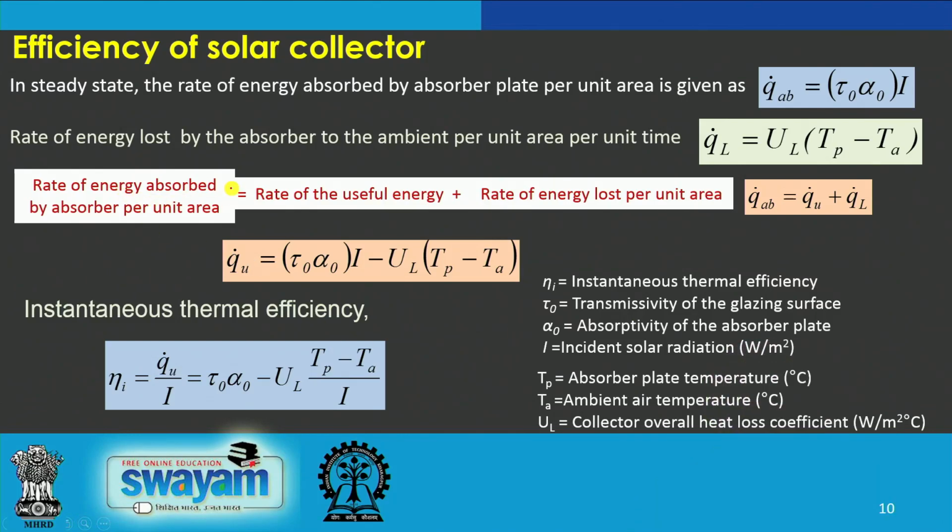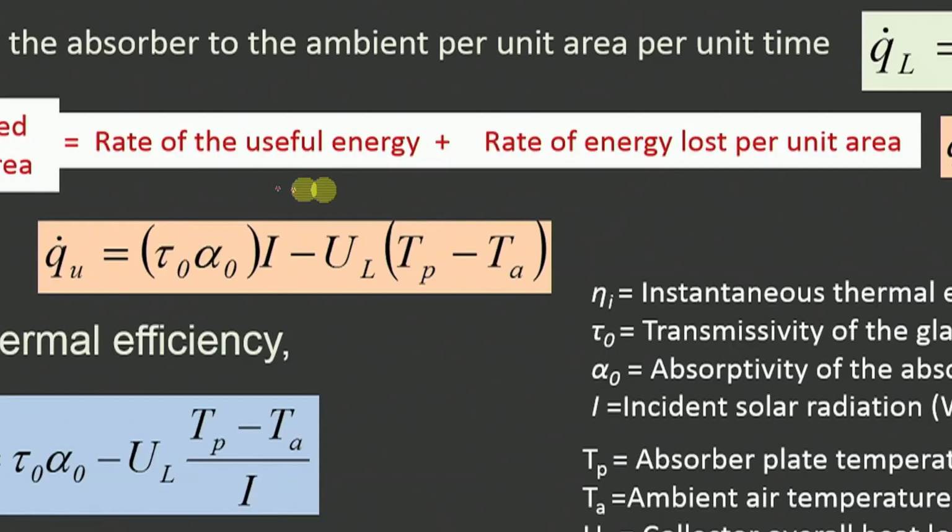The rate of energy absorbed by the absorber per unit area is the rate of useful energy plus rate of energy lost per unit area. So, Q absorber is equal to Qu plus QL, and the rate of useful energy is Q absorber minus QL.